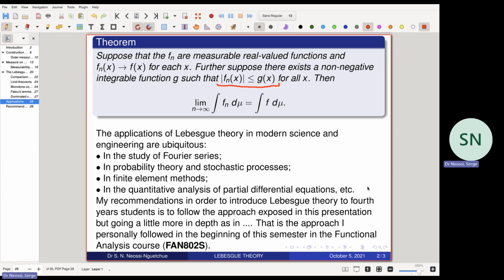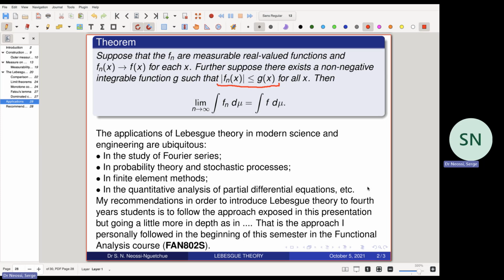What is the quantitative analysis of partial differential equations? Quantitative analysis is when you want to solve a partial differential equation, you first of all need to prove the existence, let's say the existence and uniqueness, of the solution. Before you even try to compute the solution of a differential equation, be it numerically or analytically, you need to know whether the problem is well posed, whether the solution exists and is unique.